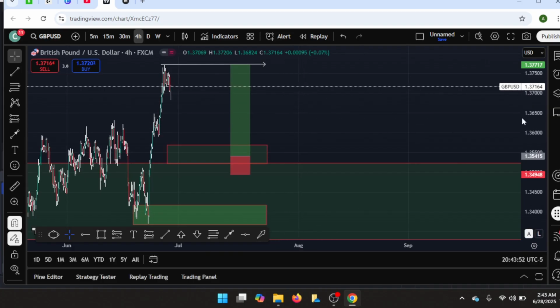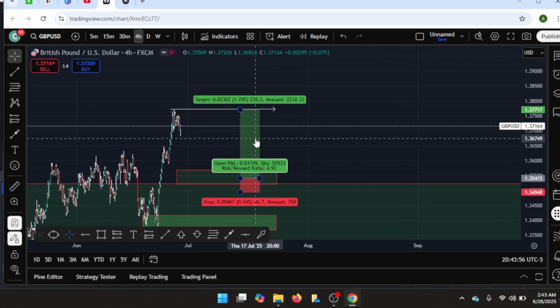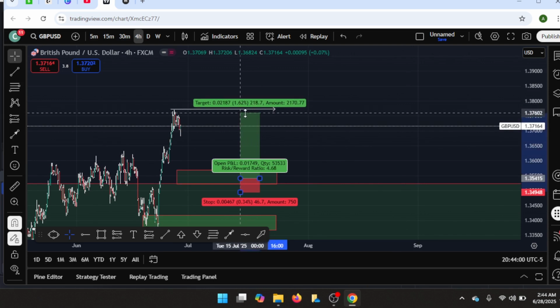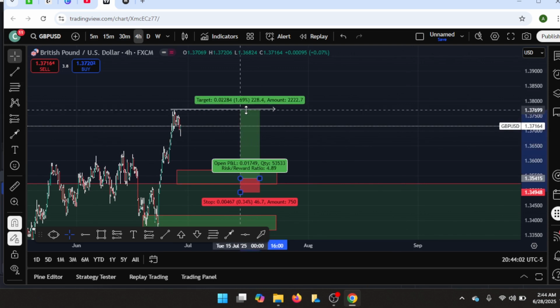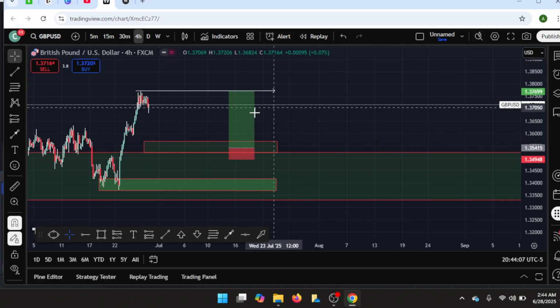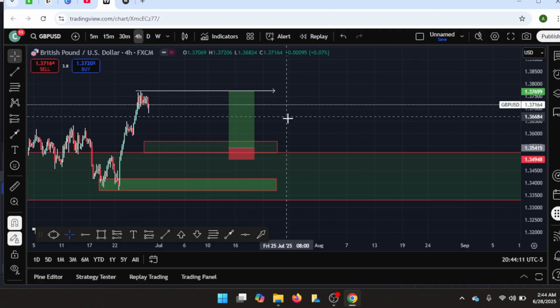I'm seeing, what do I see? Seeing about 230 pips.